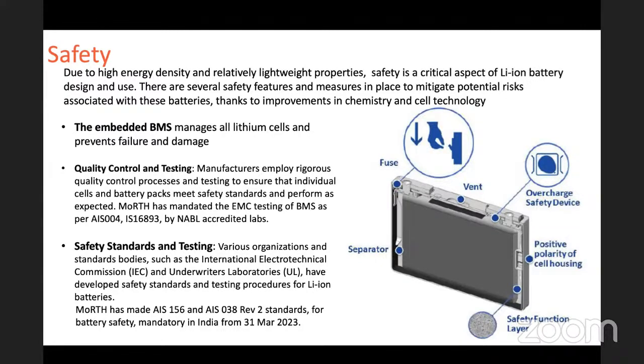That is for the quality control of the BMS and the batteries. Similarly, for the batteries, IEC and UL certifications are also complied with by many manufacturers. And again, the Ministry of Road Transport has made it mandatory for battery safety as well.